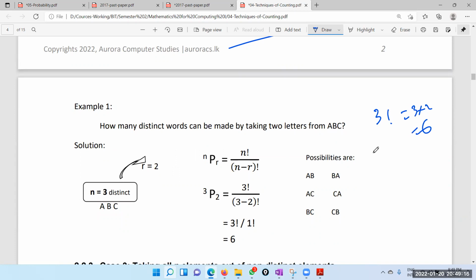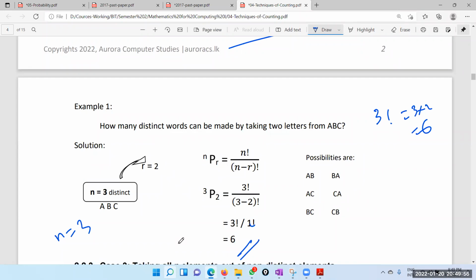Now assume that we have 3 letters, n is 3, but we are taking only 2 at a time, so r is 2. nPr is factorial n divided by factorial n minus r. In this case, n is 3, r is 2. Out of 3, we take 2. That is factorial 3 divided by factorial 3 minus 2. 3 minus 2 is 1. Factorial 1 is 1. Factorial 3 is 3 into 2 into 1, 6. The final answer is 6 possible ways.